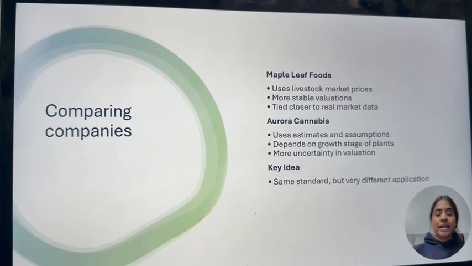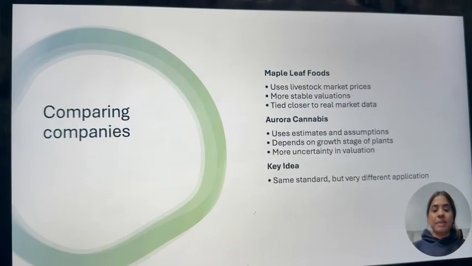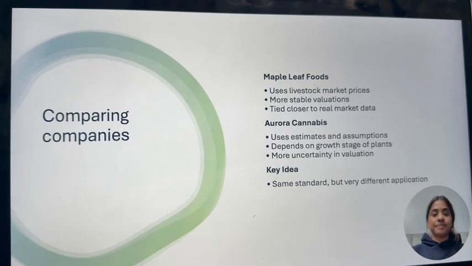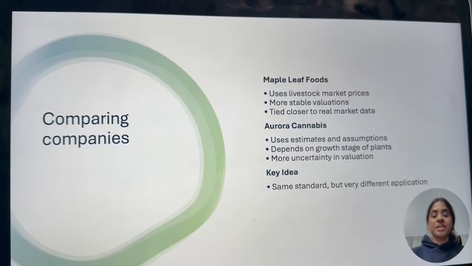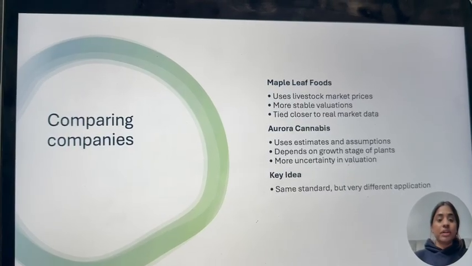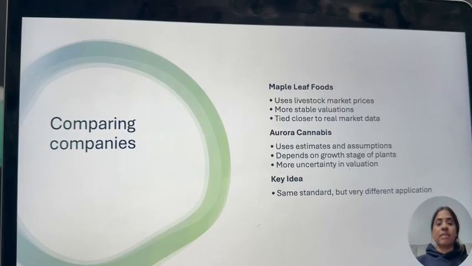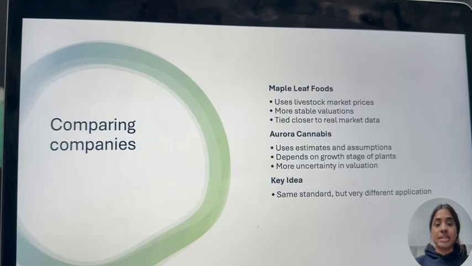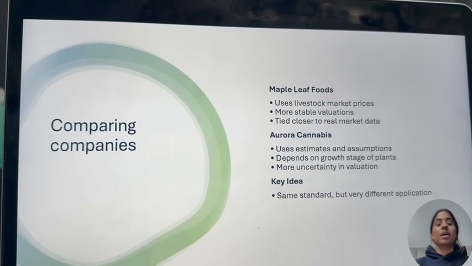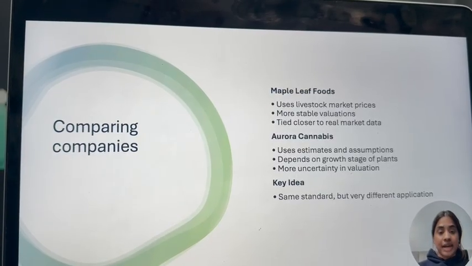To rewind, with both of the companies we covered today, Maple Leaf Foods and Aurora Cannabis, you can see how IAS 41 plays out in real life in two very different ways. Maple Leaf is more straightforward because it relies on livestock and market prices, so the valuation is more grounded in actual market data.